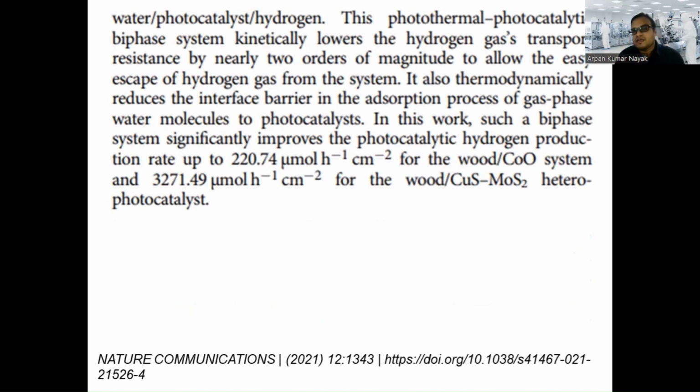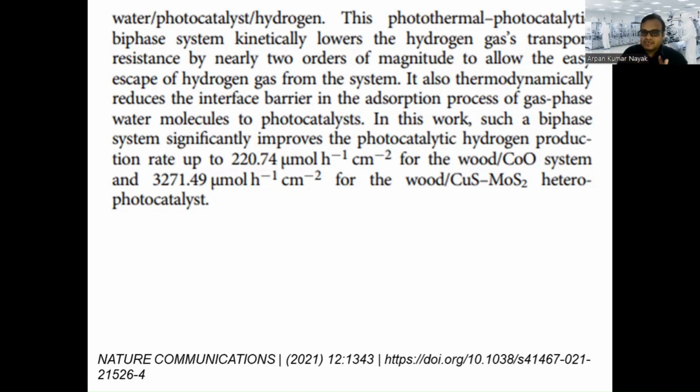In this work, the system significantly improves the photocatalytic hydrogen production rate up to a certain value. You also have to give exactly how much you observed by using your system, so you have to mention that. In this way you have to write the introduction section for your manuscript.